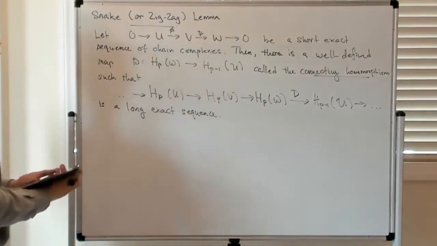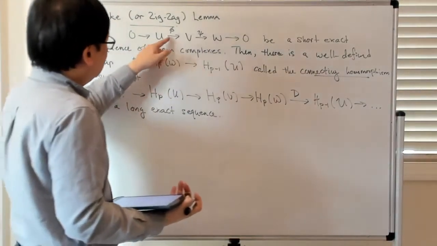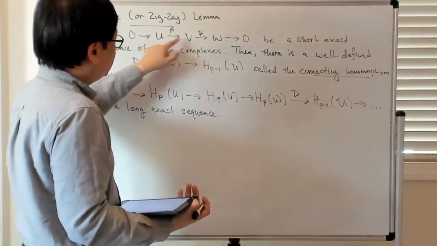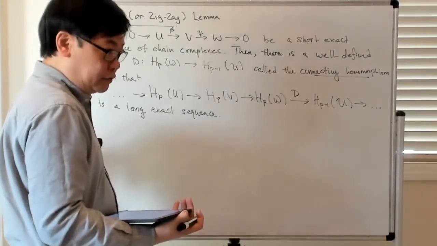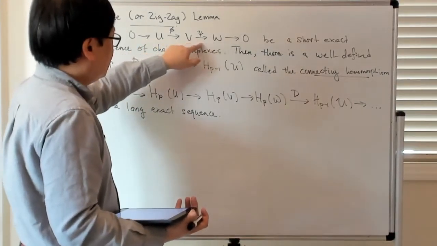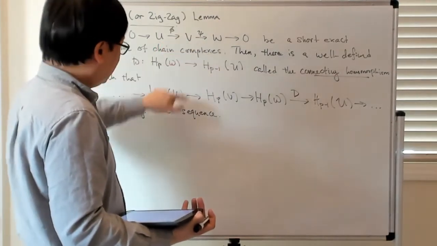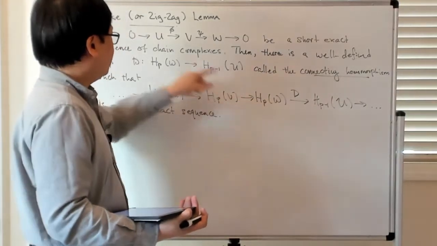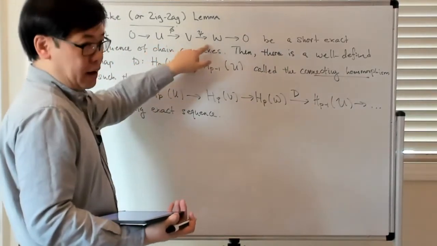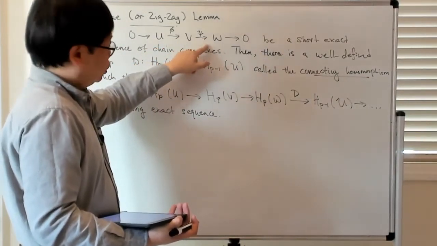And as you recall, hopefully, these two maps, because they are chain maps which commute with the boundary, induce homomorphisms at the level of homology. So the maps from H_p U to H_p V to H_p W are just induced by these two chain maps.